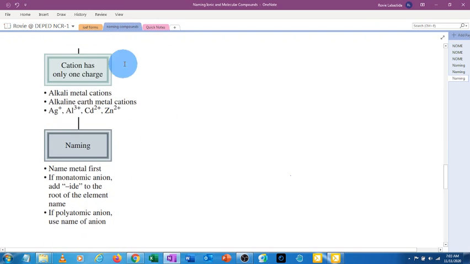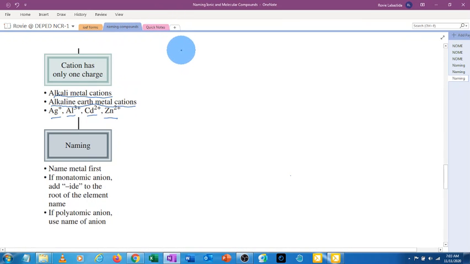Ionic compound with a cation that has only one charge or one possible charge. Alright, so these metals can be found in group 1A or the alkali metal cations, and group 2A alkaline earth metal cations, and the following: silver, aluminum, cadmium, and zinc.